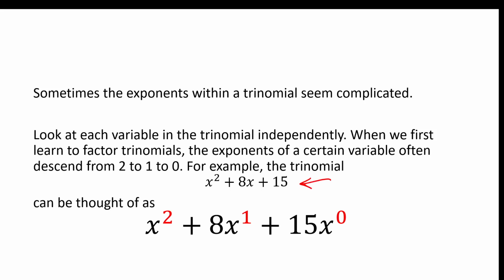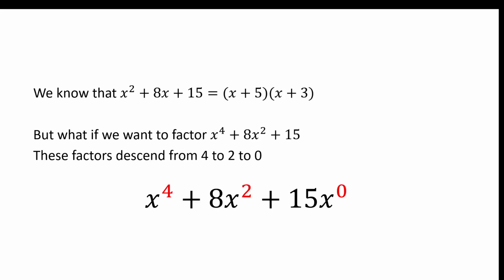The exponent of the first x is 2, the exponent of the next x is 1, and the exponent of the last x is 0. When you have a constant term, it's like saying that number times x to the 0. So we have exponents of 2 and 1 and 0 in many of the trinomials we've been given. Well, what if we multiplied each of those?